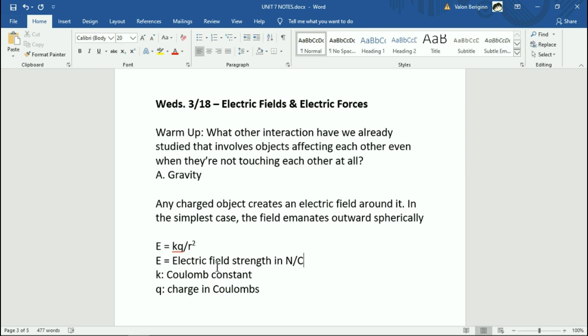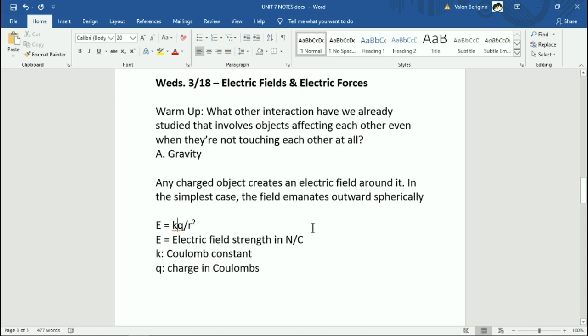But what other letter should we use instead of E? Well, field is an F, but then that's force, and we're going to deal with forces in a bit, so we can't use F. So E is the next best option, even though it's not that great. Just remember that capital E in this unit is the electric field strength. It's not energy.